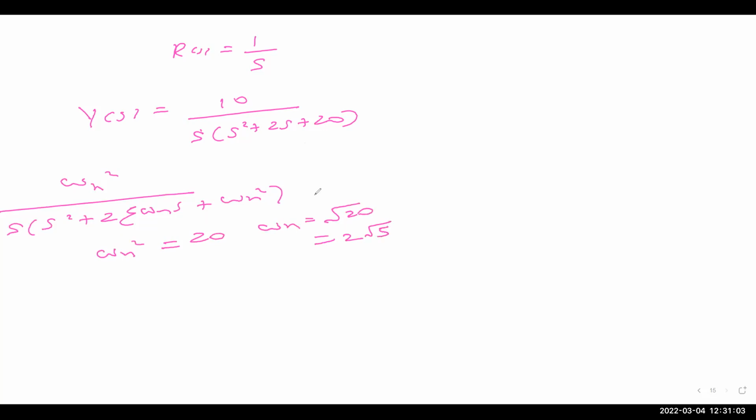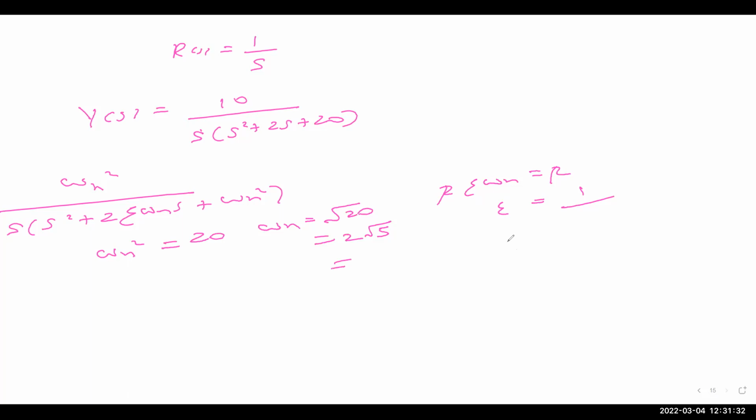And then what else do we need? This part. Once again, 2 theta omega n is equal to 2. So theta is equal to 1 over omega n, which is 2 square root 5.